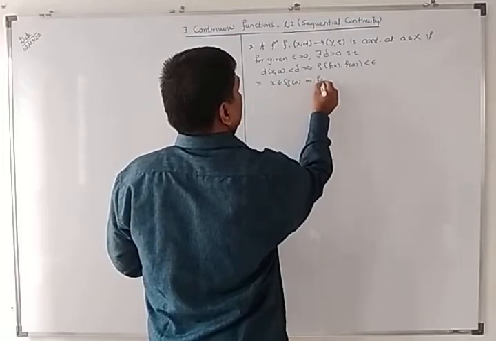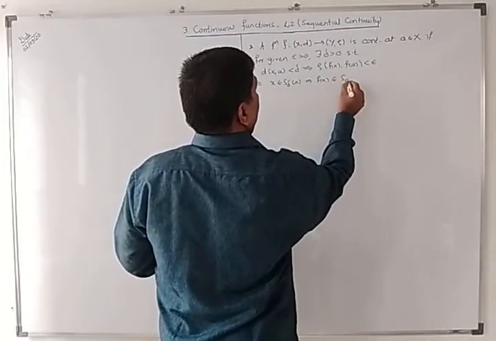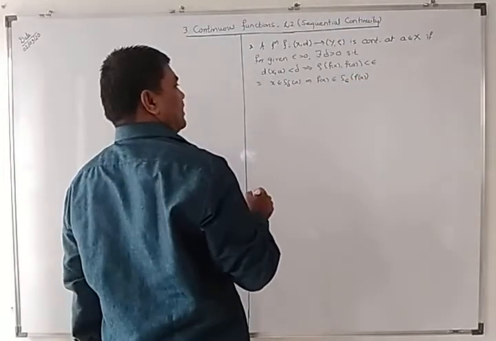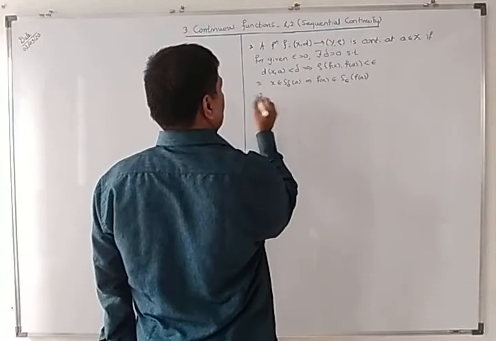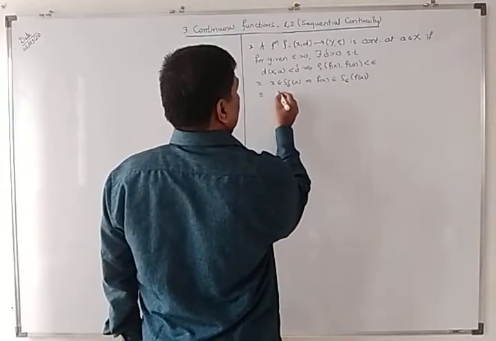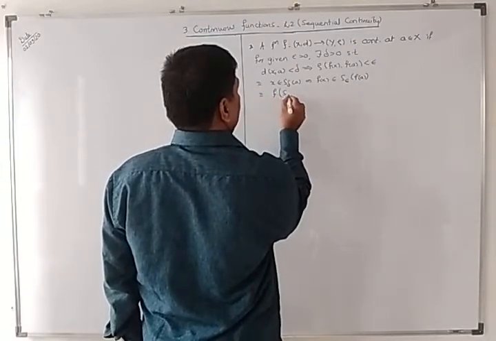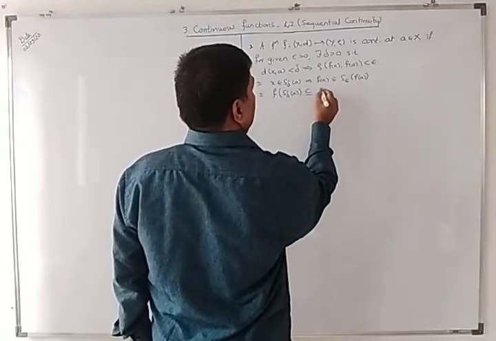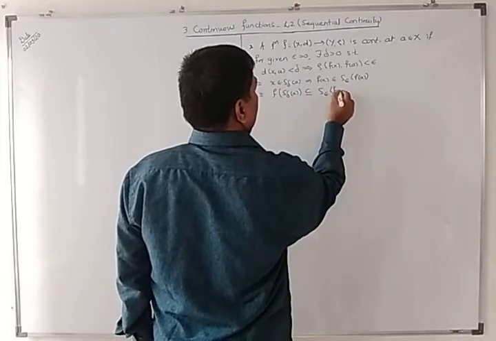implies f(x) lies in the open sphere about f(a) with radius epsilon, and then we have written this as f of S_delta(a) is contained in S_epsilon(f(a)).